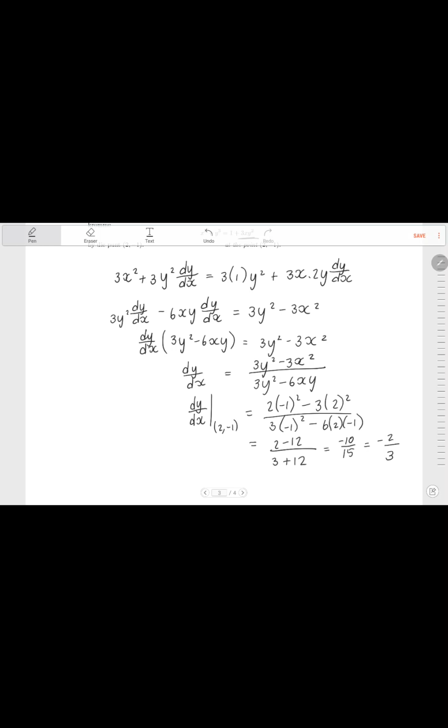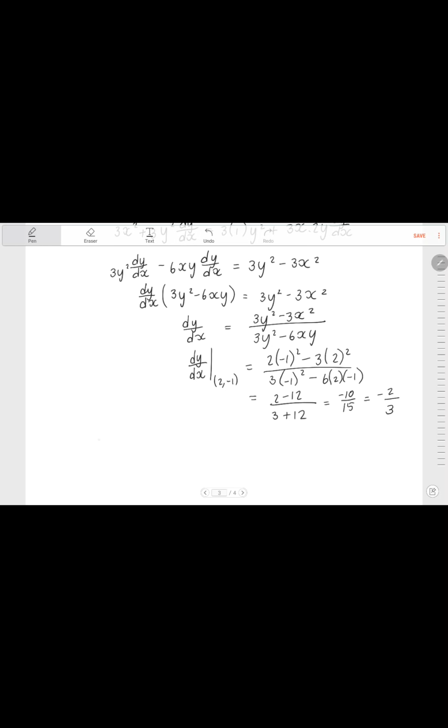All we need to do is to find the equation of the line. So I'm going to substitute my gradient as well as my coordinates into this equation. So I have y minus minus 1 equals minus 2 over 3 times (x minus 2).